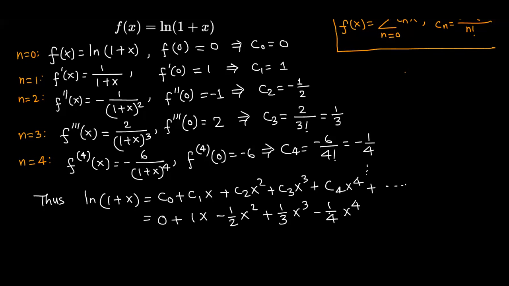And now we can guess the positive negative positive negative, it would be positive 1/5 x fifth, negative 1/6 x sixth, etc.